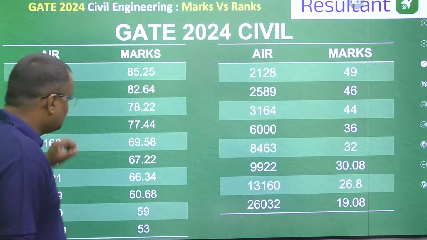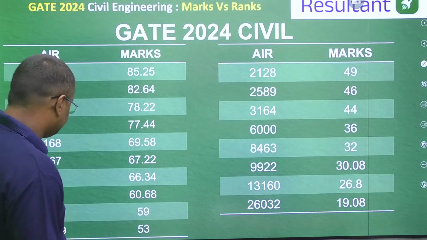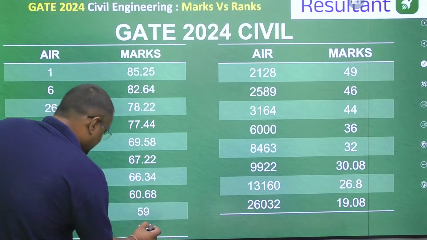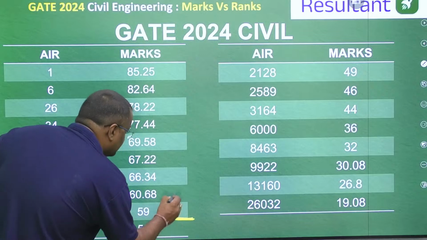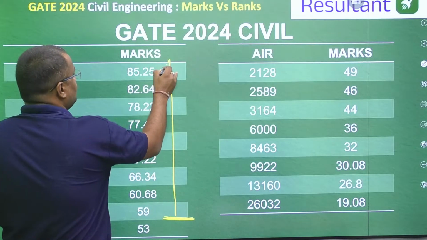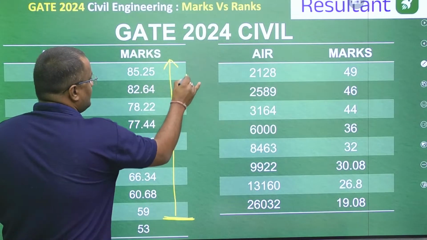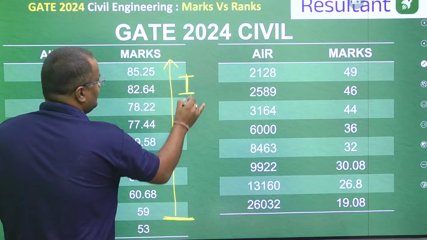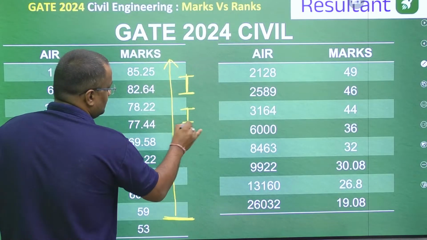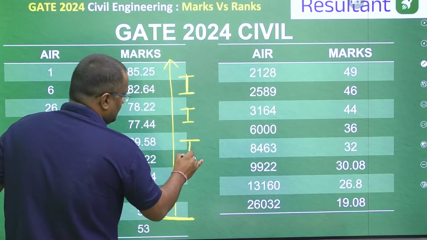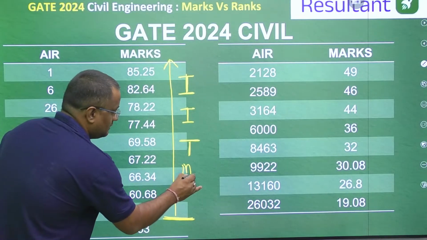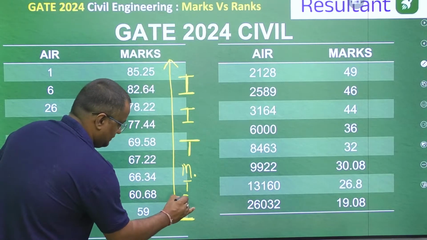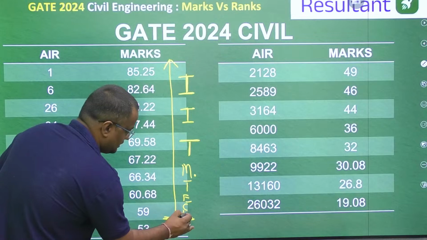Now let me tell you, this is the data of 2024. If your marks are more than 59 according to 2024, this is the range of IIT where you will be getting an IIT MTech seat. Here you will be getting an IIT with more than 59 or 55, even 55 marks.